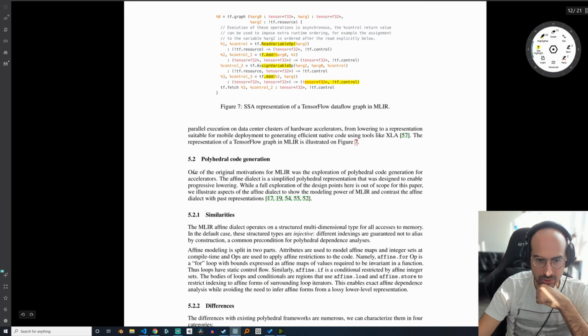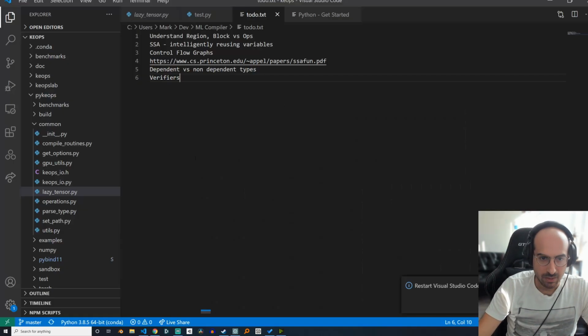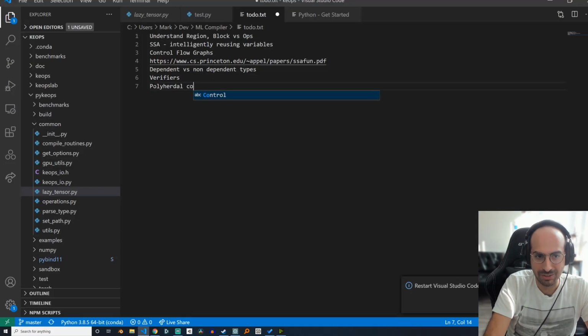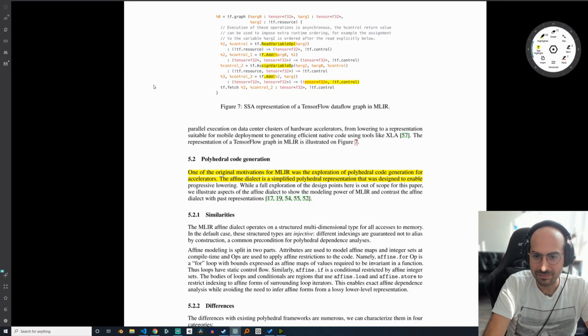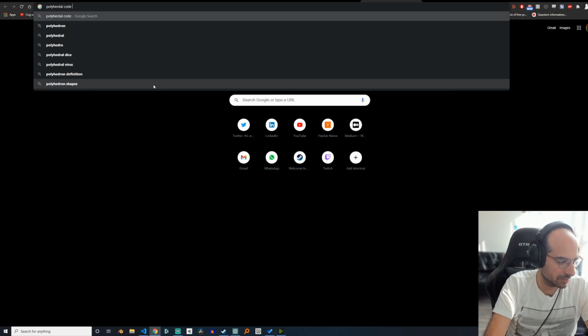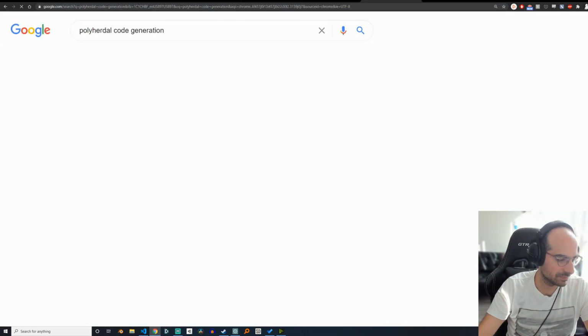Polyhedral code generation. Why do I feel like I'm tickling the boundary? Polyhedral code. Lol. Let's do some googling. Polyhedral code generation.